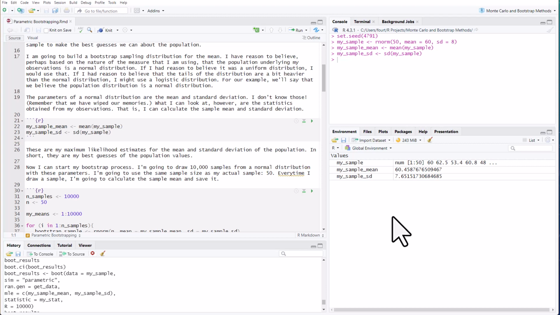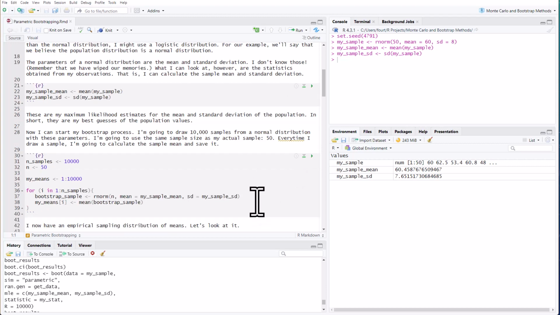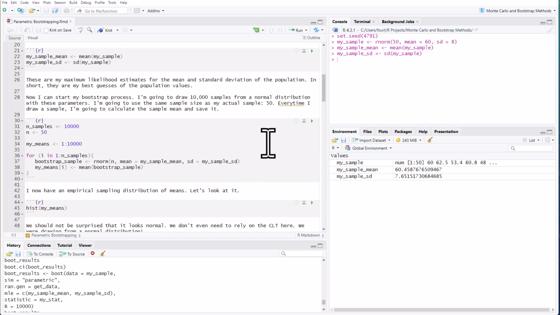Now I can start the bootstrap process. I'm going to draw 10,000 samples from a normal distribution, and I'm going to use these parameters. I'm going to use the same sample size as my actual sample. Remember, that was 50.